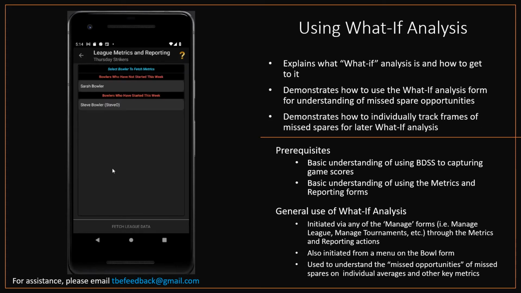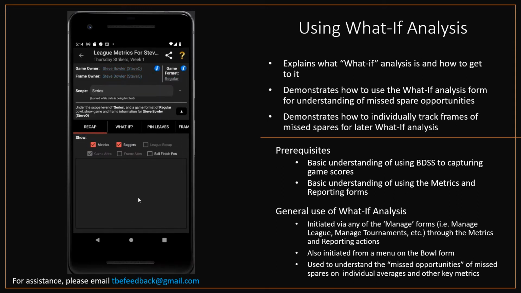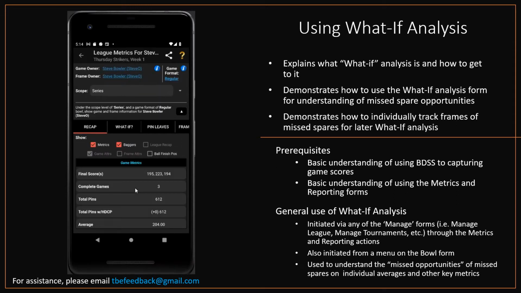This will take you to a form where you select the bowler for whom you want to run the metrics, and I'm going to choose Steve, and then click Fetch League Data. And by default, Metrics and Reporting opens to the Recap tab. Click What If Analysis tab.